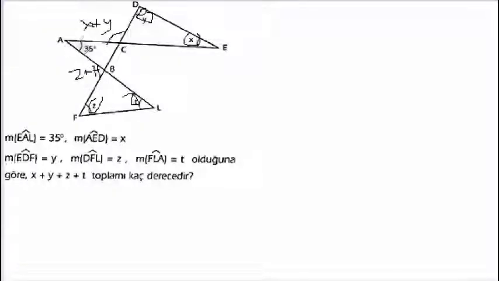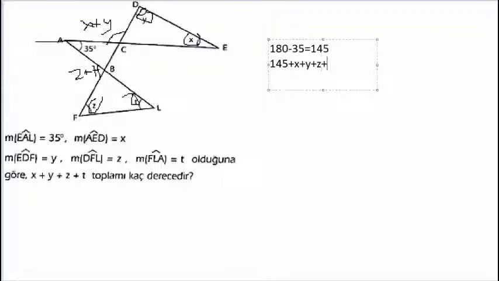Now we need to find this angle's exterior, so we can subtract it from 360. We find it by subtracting 35 from 180, which is 145. So now 145 plus x plus y plus z plus t equals 360.